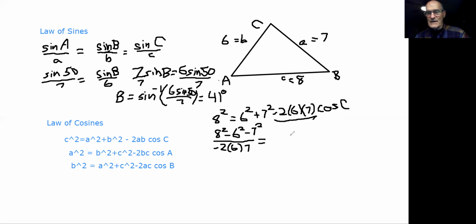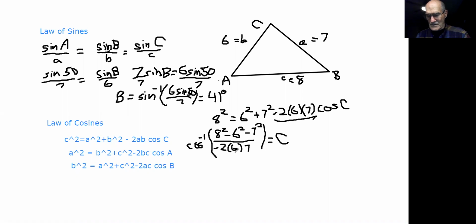So to find C, I do an inverse cosine. I put my C here, I put parentheses around this part over here, and I'm going to move that equal sign over a little bit. And I put my inverse cosine over here, so I get cosine to the minus 1. Now I can put that in my calculator just as it shows.